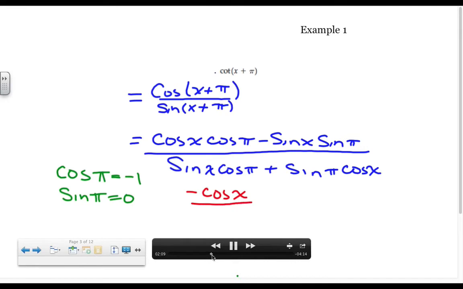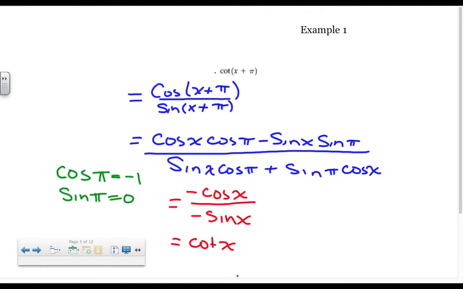So I end up with a negative cosine x over a negative sine x, which gives me cotangent of x. So the cotangent of x plus pi is the same thing as cotangent of x. Isn't that nice?